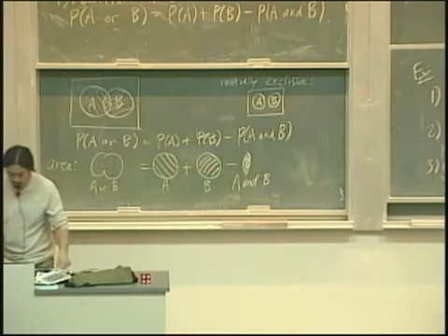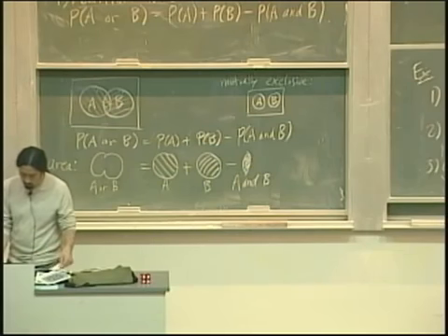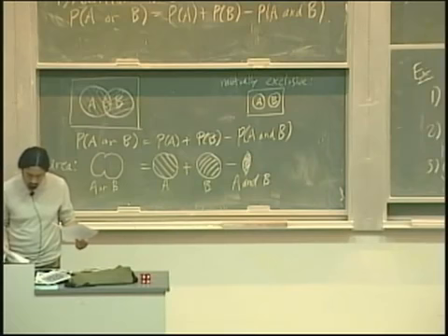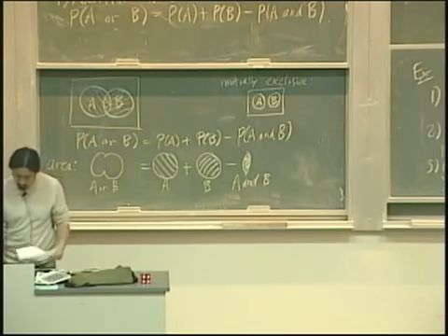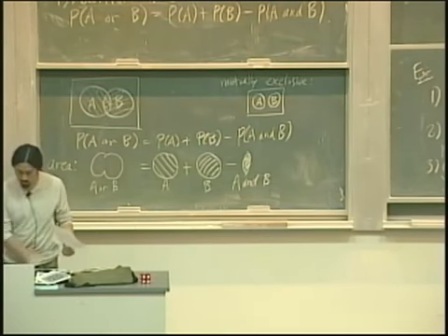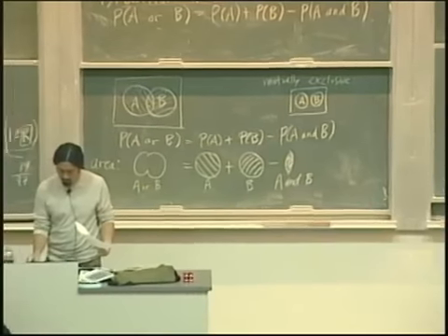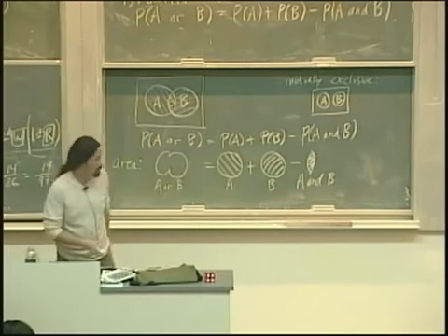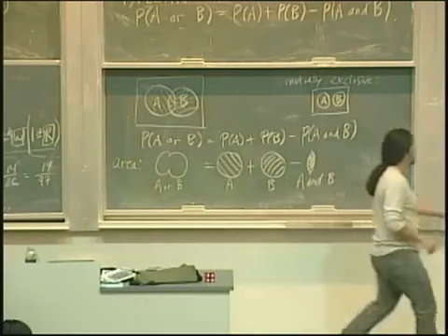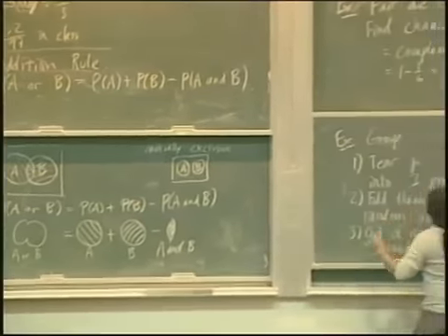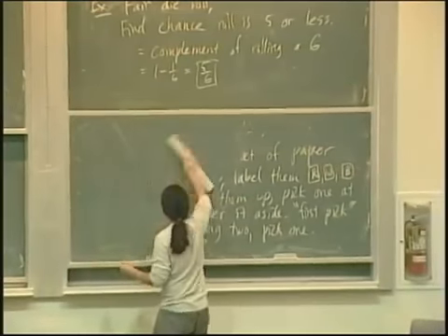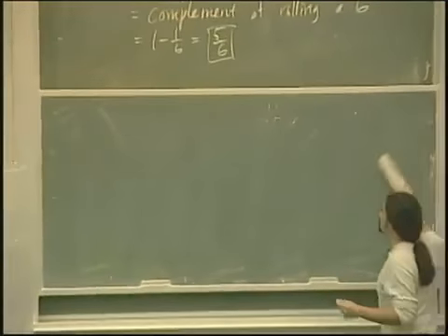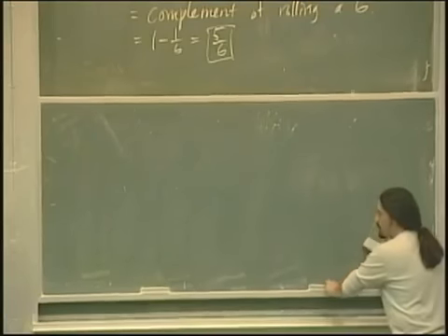Alrighty, so let's do one example of this. Actually, I'm sorry. I meant to do one more thing before I do the addition rule. Let me back up and do it, and I'll come back to an example for this.